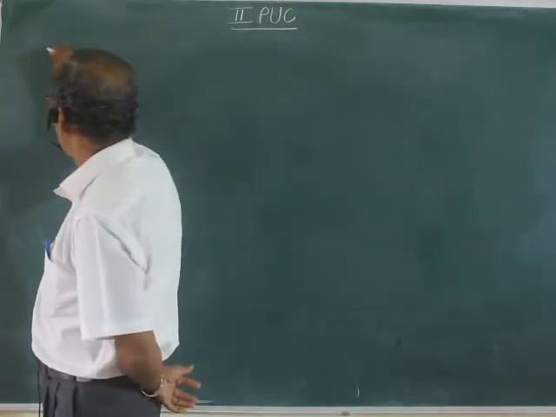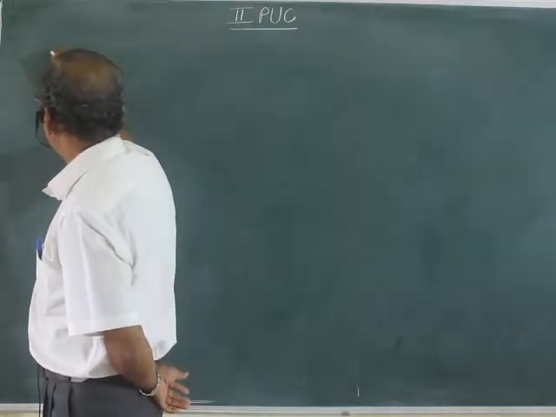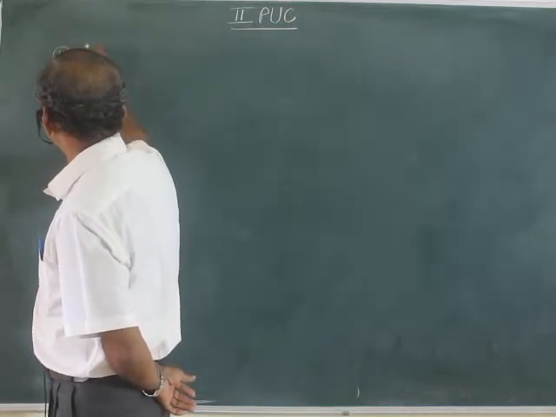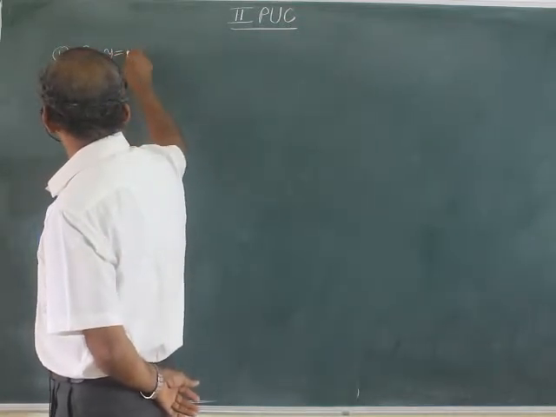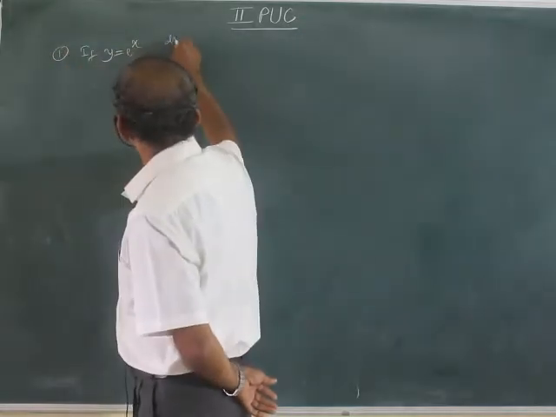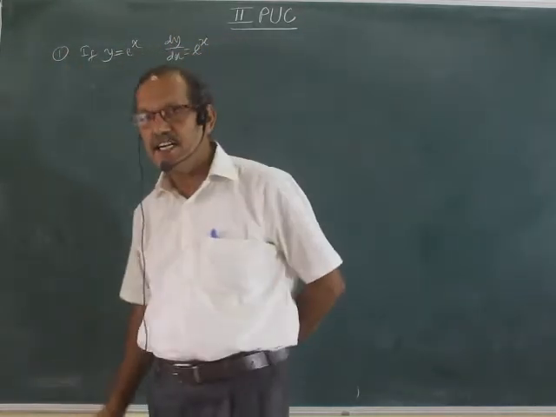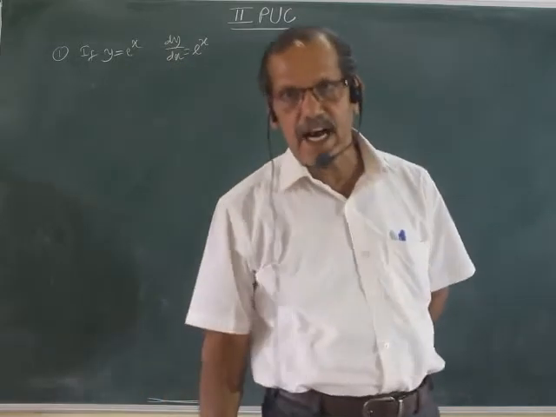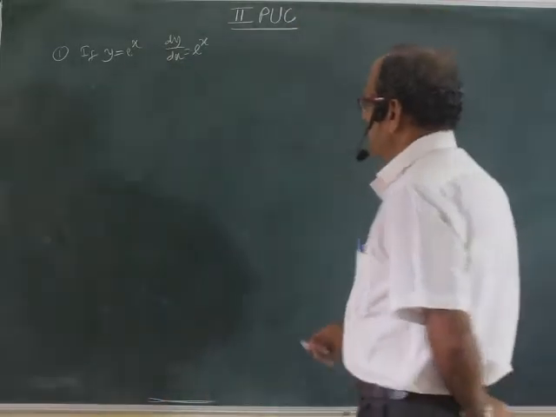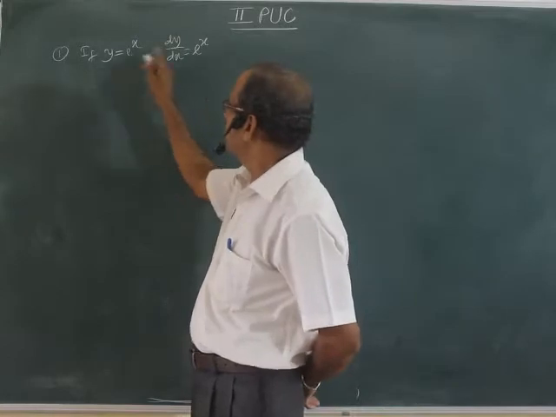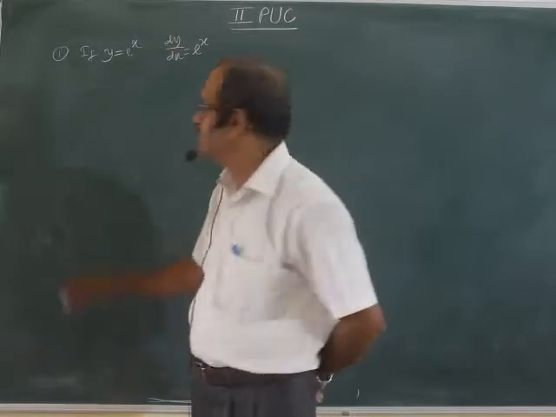Differentiation. In the last session we have seen the derivative of the function e to the power x: dy by dx is e to the power x itself. The derivative of the exponential function will be the same.